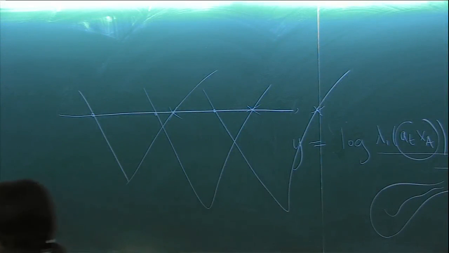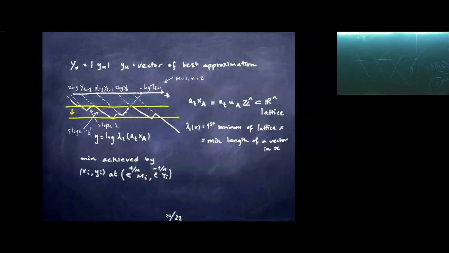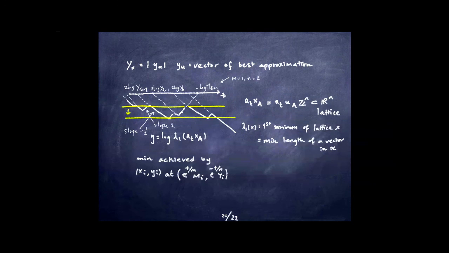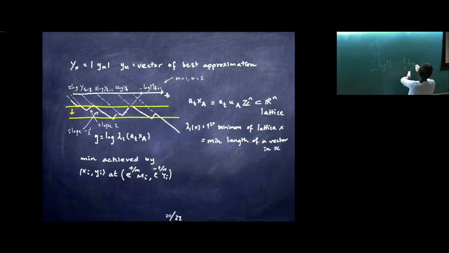Locally, this is where the minimum is achieved, but we have y equals log of lambda 1. So this is the norm of the vector, not log of the norm of the vector, so we have to take the log. So the min will be t over m log mi, and negative t over n log yi.